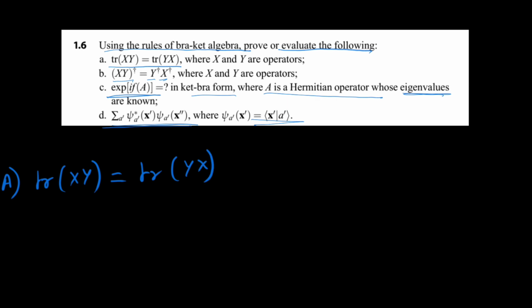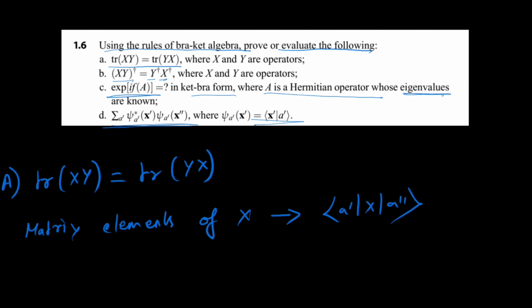Now, since x and y are operators, you know the matrix elements of x. The matrix elements of x can be written as a prime, x, a double prime.